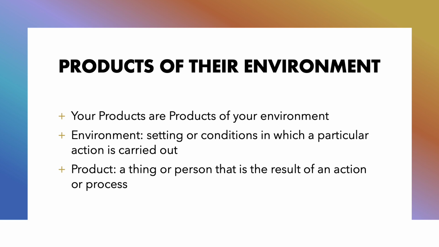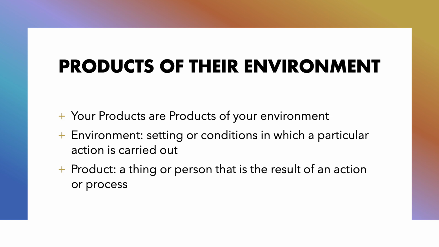Your products are products of your environment. The environment is the setting or conditions in which a particular activity or action is carried out. A product is a thing or a person that is a result of an action or a process.